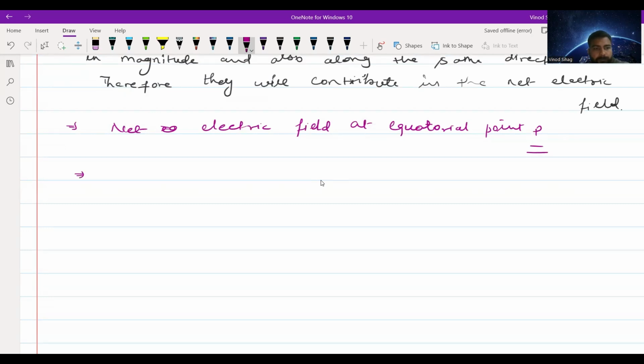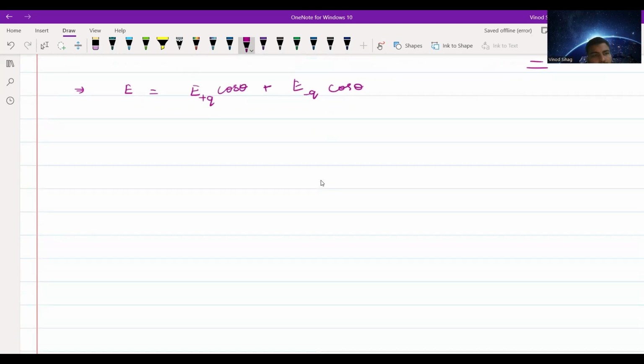It will be E equals to E plus Q cos theta plus E minus Q cos theta. ठीक है? Okay.